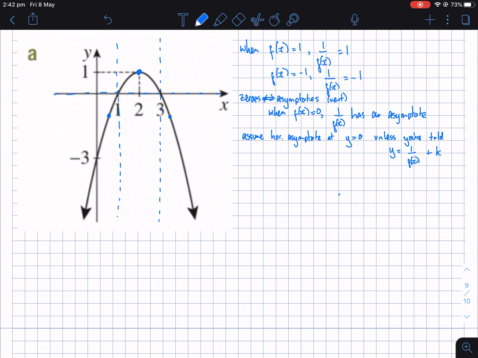And finally, maximums and minimums. So if f of x has a minimum, which is like that, 1 on f of x has a max at the same x coordinate.